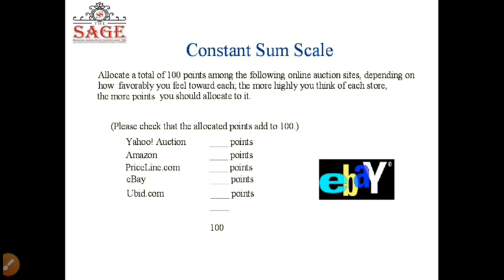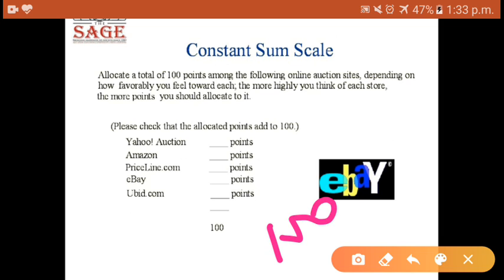Constant sum scale, this is what is explained over here. Allocate a total of 100 points among the following online auction sites depending on how favorably you feel towards them: Yahoo auction, Amazon, Priceline.com, eBay, ubid.com. So what you have in total over here is 100. How many points are you going to give to these sites? Depending upon that, the total must add up to 100. So what will this tell us?